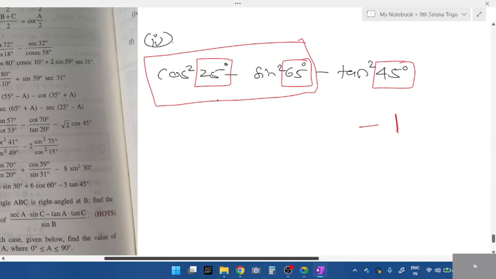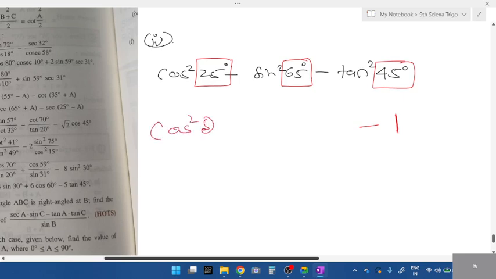Two values. I'll do one thing. You can convert any one. You can either convert cos or sine. Let us keep cos square as it is. We'll try to convert sine. You can do anything. Tell me for sine square what you write. Sine square, 90 minus what gives 65?